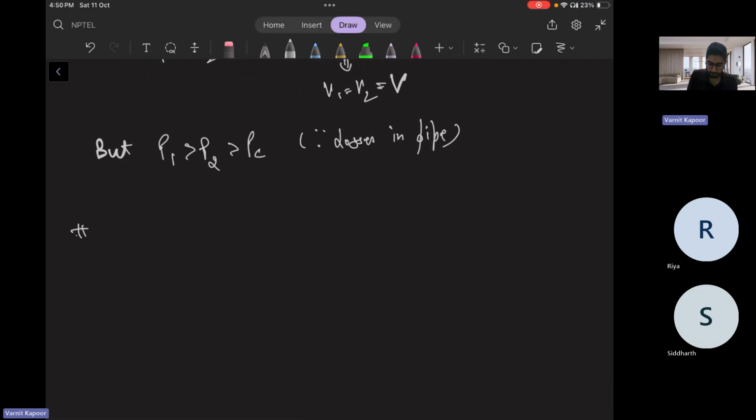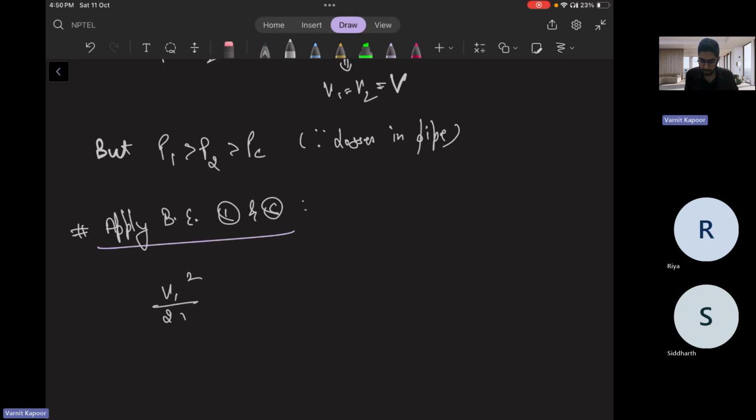Apply the Bernoulli equation between 1 and C. If you apply it, your relation will come out to be V1 square by 2G, into VC square by V1 square minus 1, is equal to H minus HL. Directly I'll write the expression.